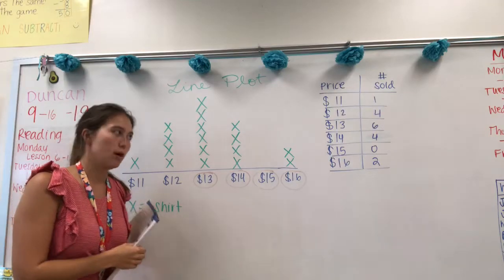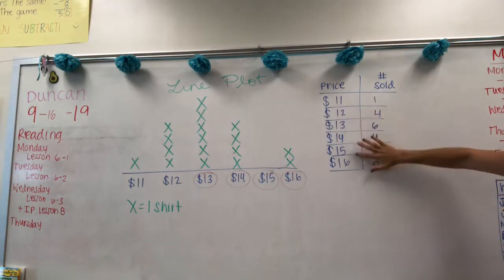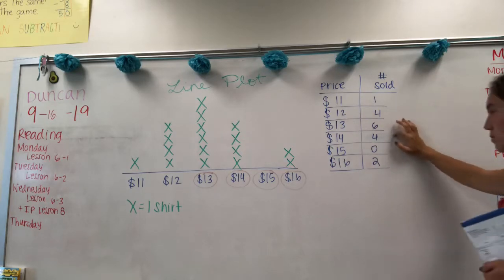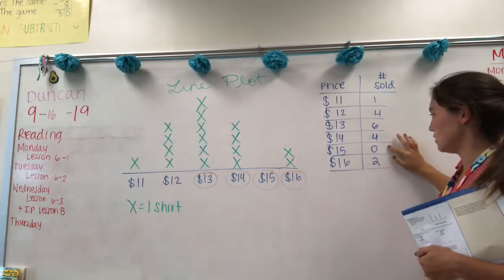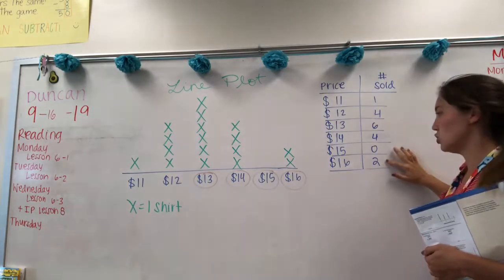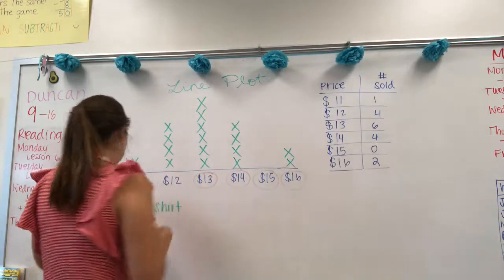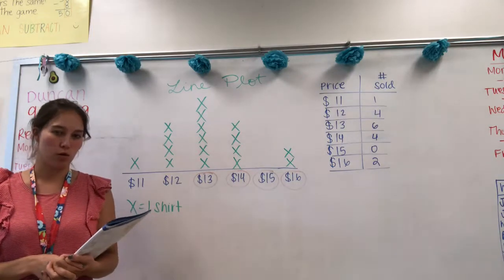I get the answer 12. I could double check my work over here. 13 and higher. 6 plus 4, I know that those are special numbers. 6 and 4 makes 10. Plus 0 is still 10. Plus 2 is 12. So it checks out both ways. So 12 shirts were sold for $13 or more.